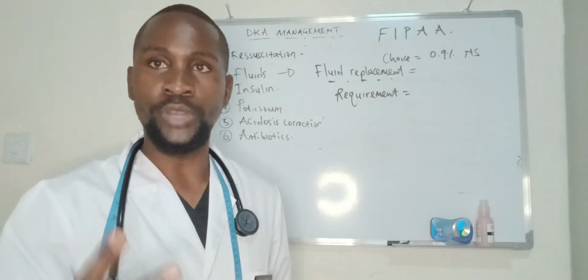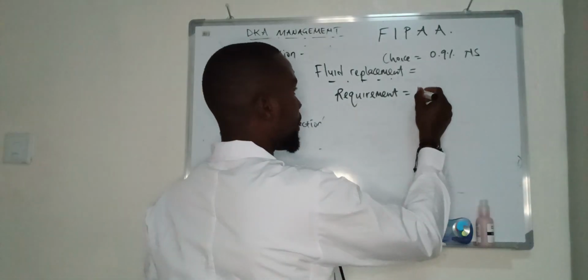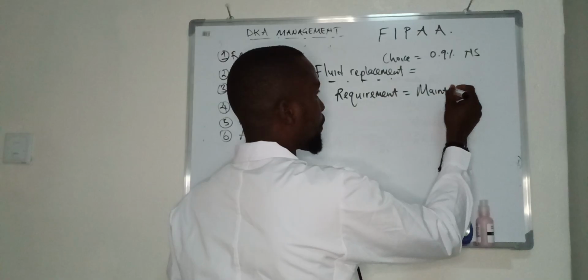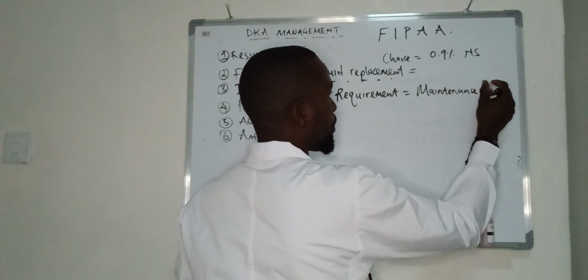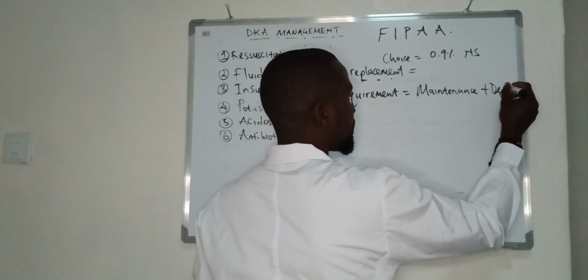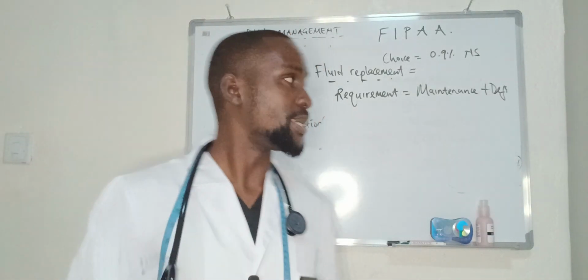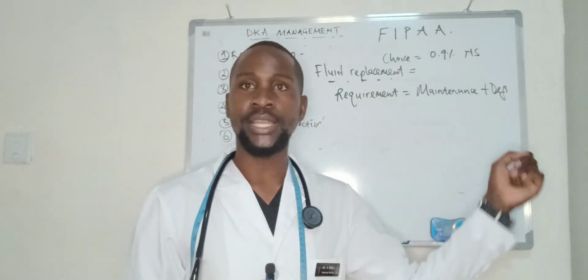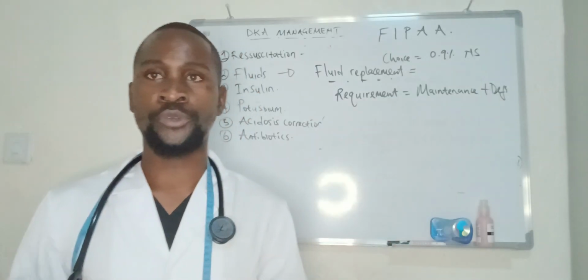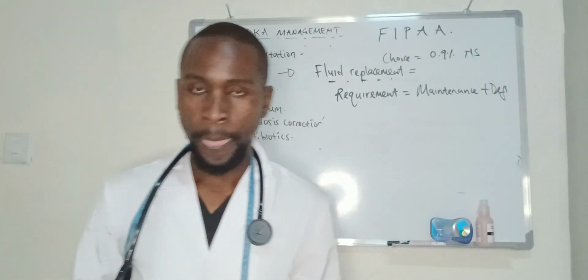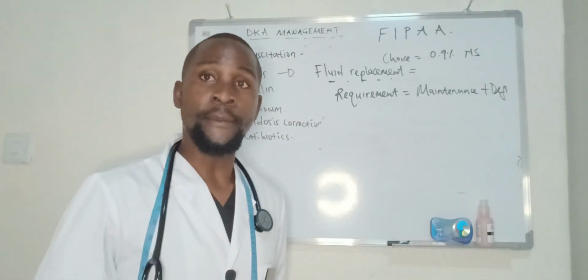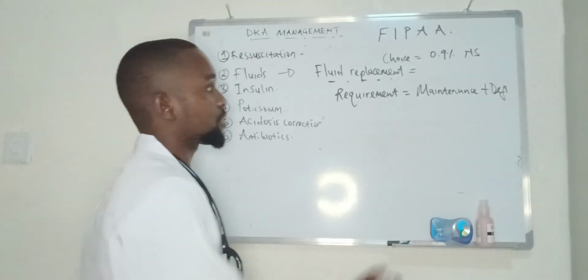Fluid requirement can be calculated by adding the maintenance plus the deficit. So deficit plus maintenance gives us the amount of fluids we're going to give to resuscitate this particular patient. I'll start with the maintenance.